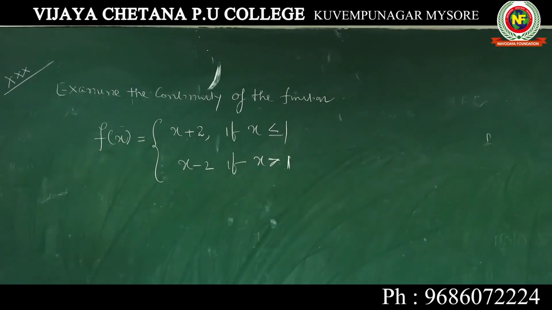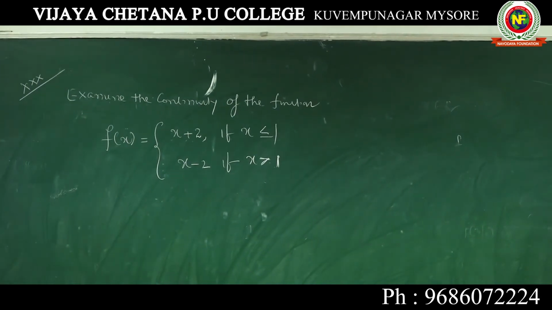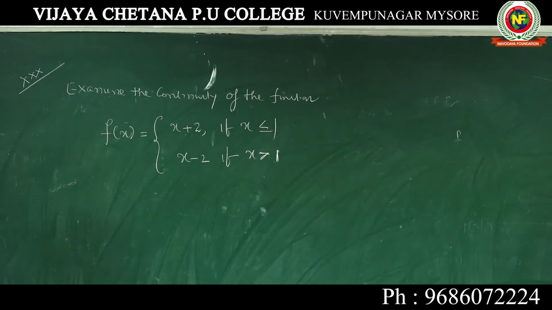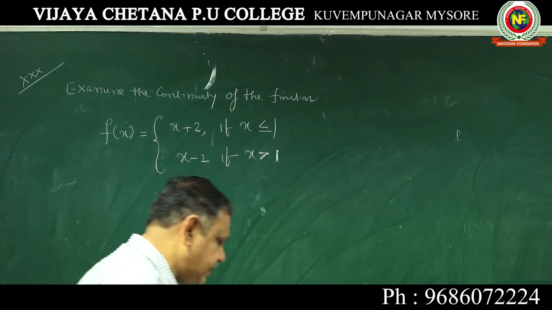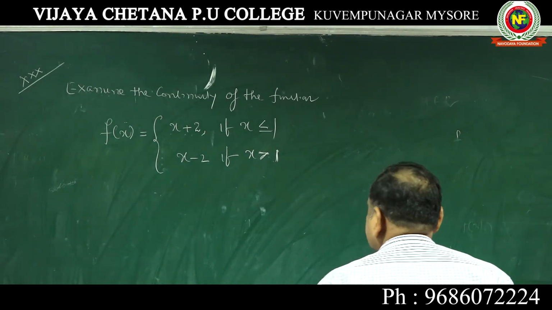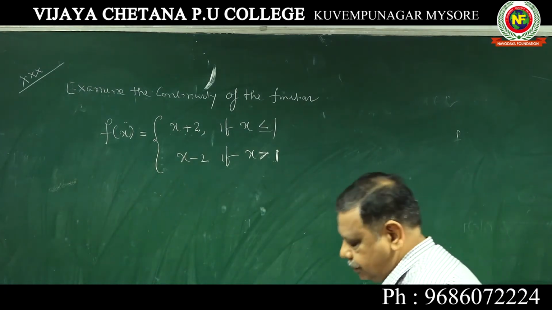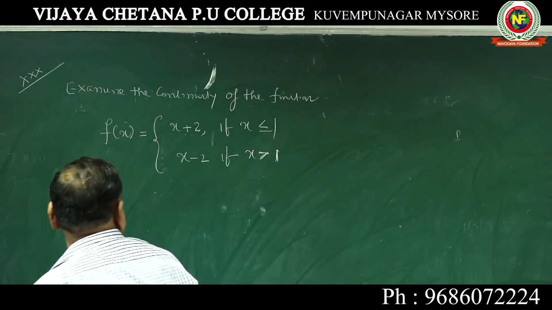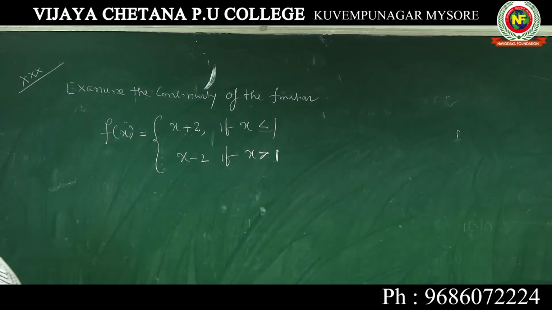You may get it also. Such type of problem carries 4 marks. Examine the continuity of the function. f(x) is equal to x plus 2, comma, if x less than or equal to 1, x minus 2, x greater than 1.